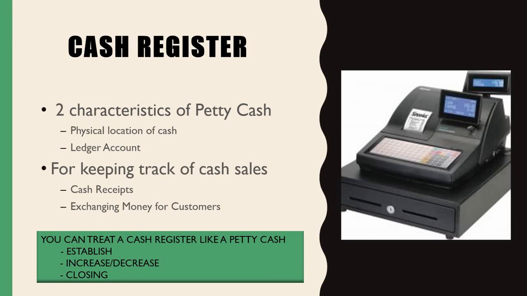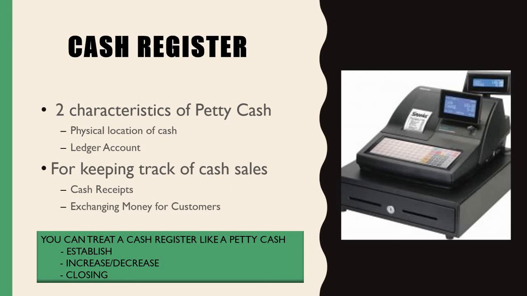So that's the idea here. This is the only example that I can say is similar to a petty cash drawer, but the only difference is you're not using the cash for expenses. You're only using it to collect cash from sales.